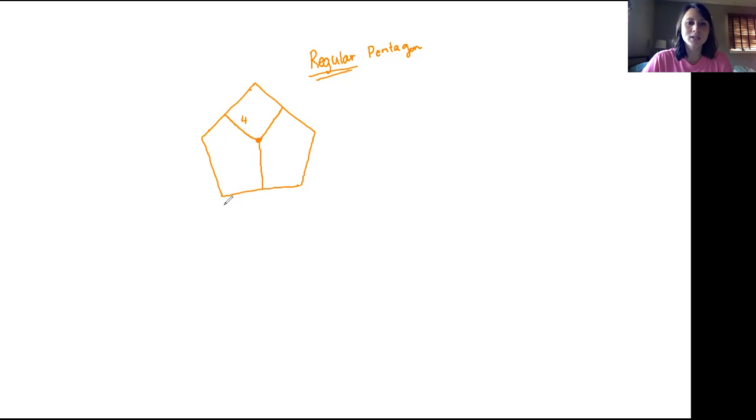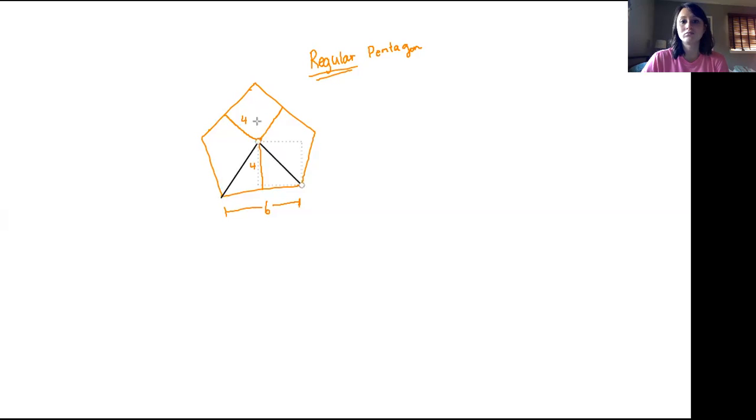And then I were to say this section here was 6, then would you be able to break this polygon up into shapes to find the area? Would you be able to do that? So you can pause and think through this for a second. Could I break this up into some shapes and find the area?